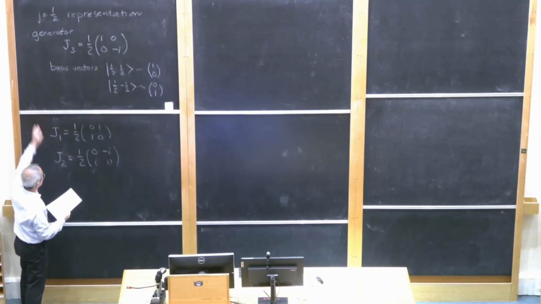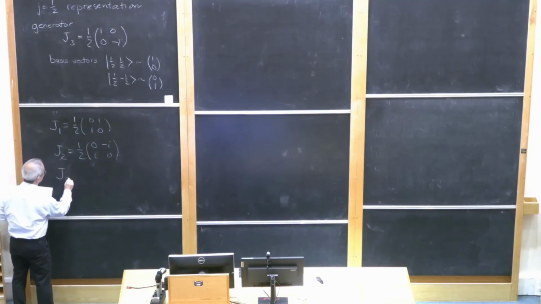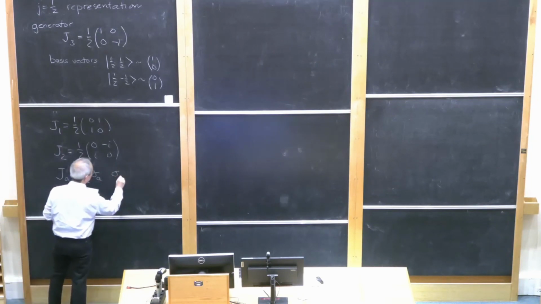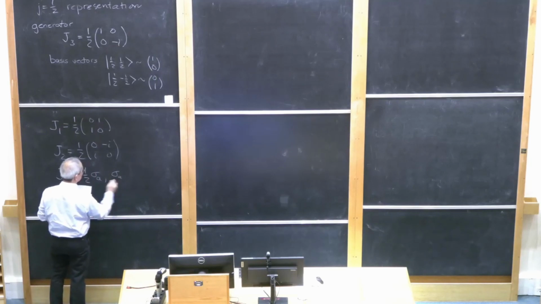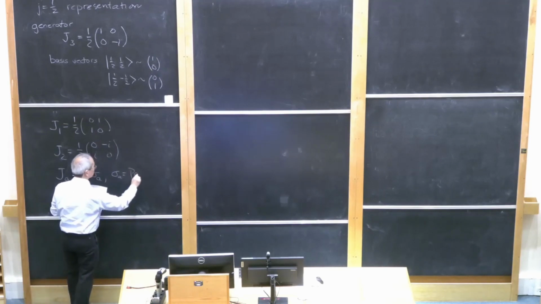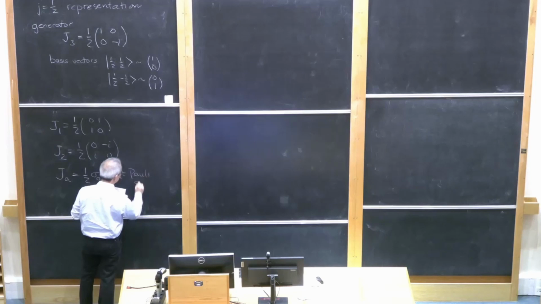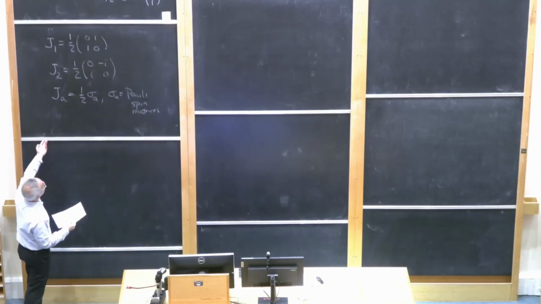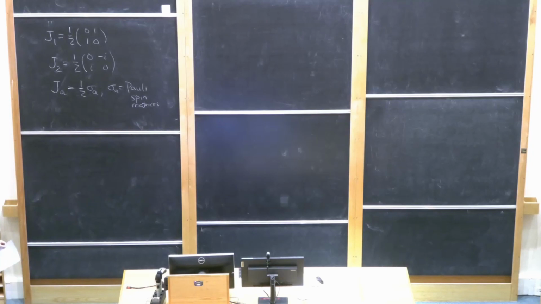Or in other words, J_a equals sigma_a over 2, where sigma_a are the Pauli spin matrices. So, again, somewhat familiar stuff.